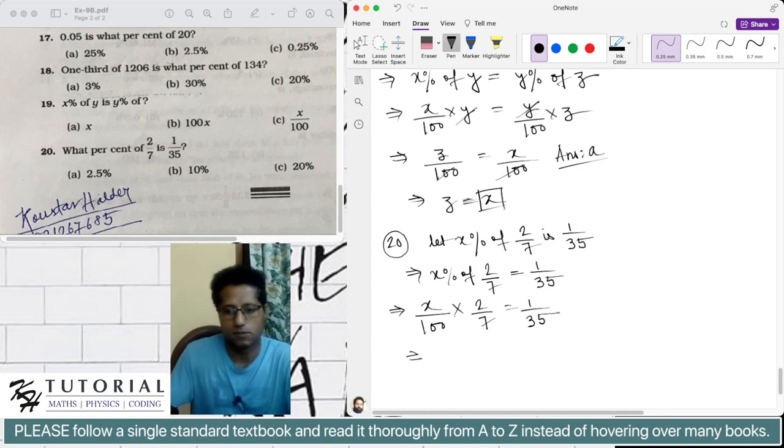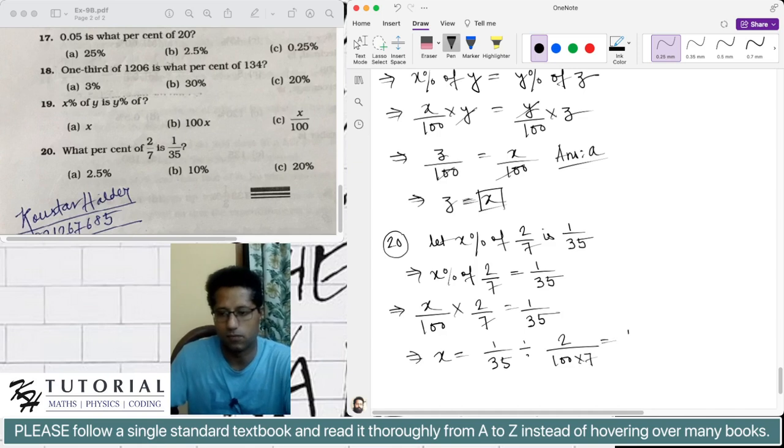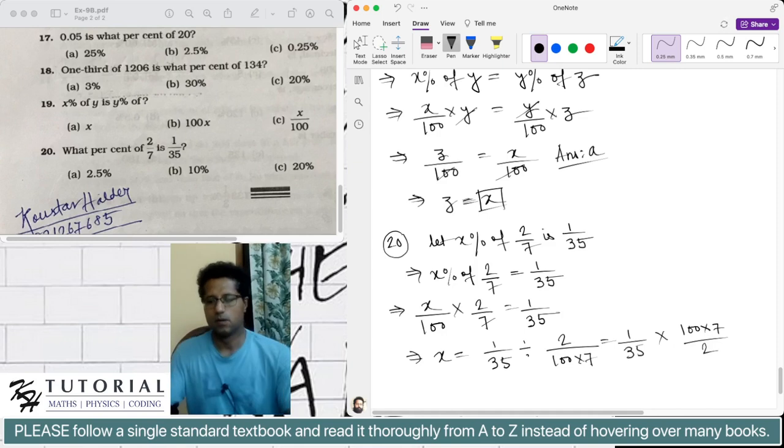So this implies x will be equal to 1 by 35 divided by 2 by 100 into 7. This is equal to 1 by 35 multiplied by 100 into 7 by 2.